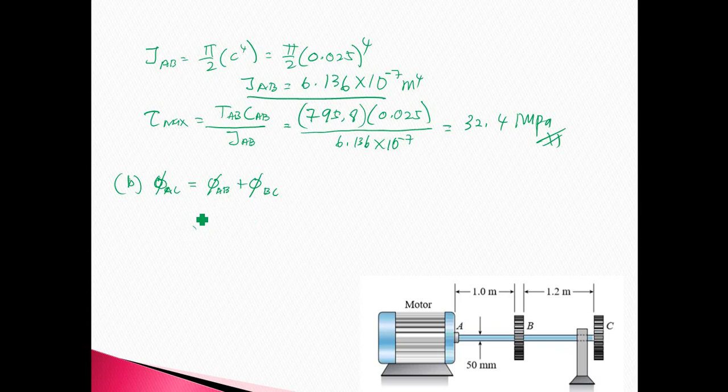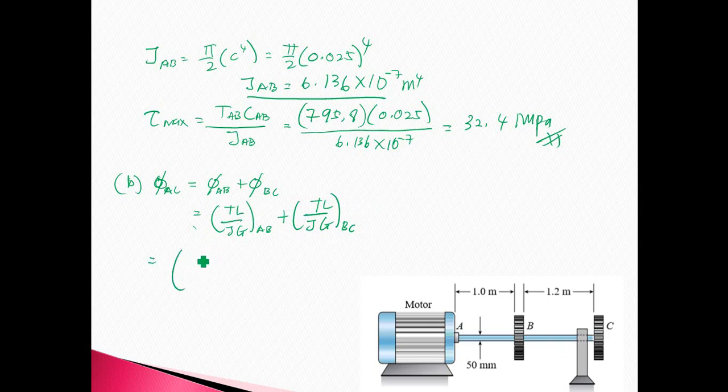Okay, so we can write the equation for angle of twist, which is equal to TL over JG for AB, and then plus TL over JG for section BC. So we substitute all the values.